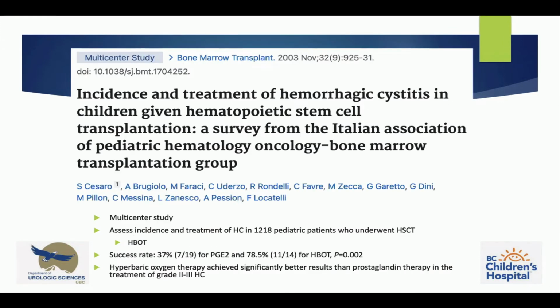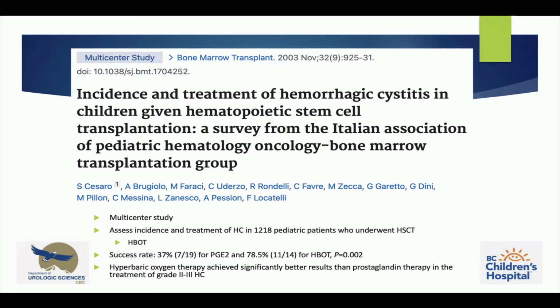So this is another study done in bone marrow transplant in 2003, a multi-center study, and their objective was to assess the incidence and treatment of hemorrhagic cystitis in 1,218 pediatric patients who underwent stem cell transplant. And what was interesting is that they also compared it with hyperbaric chamber treatments.